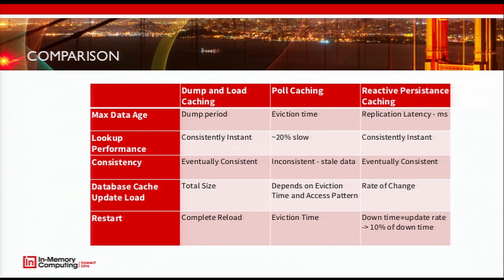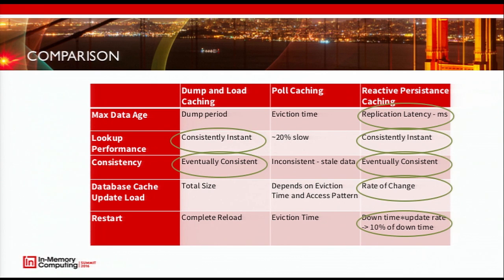So if you're down 10 minutes, it will take 1 minute to fast forward to where you are. And if you're down 1 minute, it's like 5 or 6 seconds. I think you got it, but I've highlighted the good properties here. So I think certainly this scheme is something to consider.